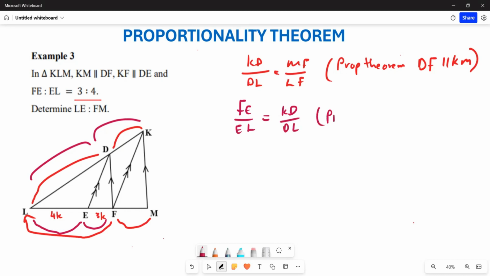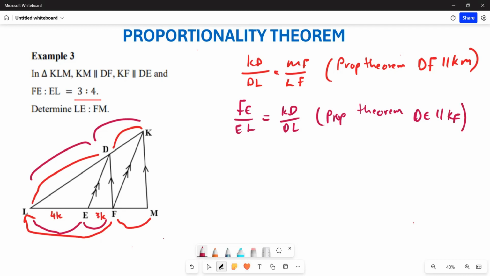Why? This is because of the proportionality theorem again, because in this case DE is parallel to KF. So that's the reason behind that.